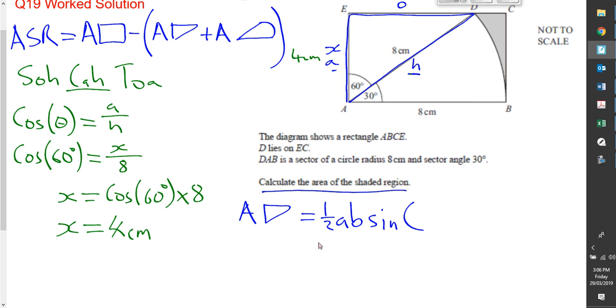I know I've got the two sides here, so my area is going to be equal to half, multiplied by 4, one side here, multiplied by 8, which is the other side there, multiplied by the sine of the angle in between, which happens to be 60.